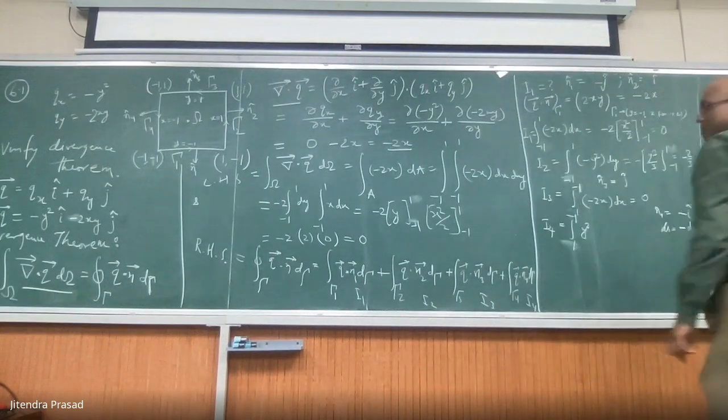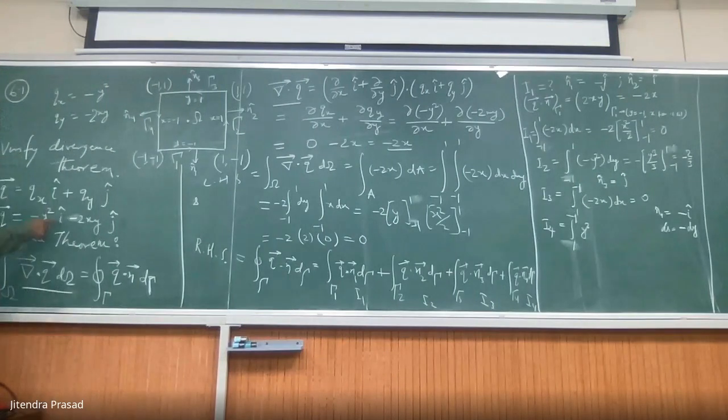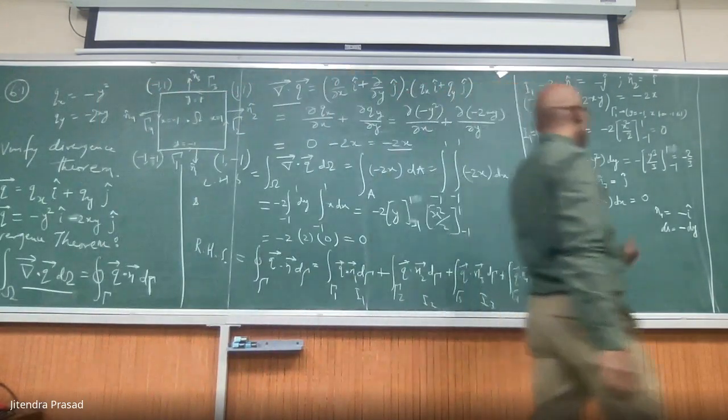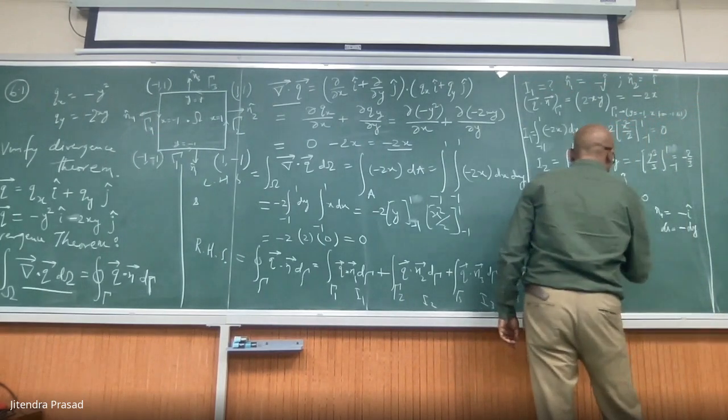Okay, so from here we get minus I. So minus I goes here, so that makes y square, and the ds equal to minus dy. So this is minus dy.